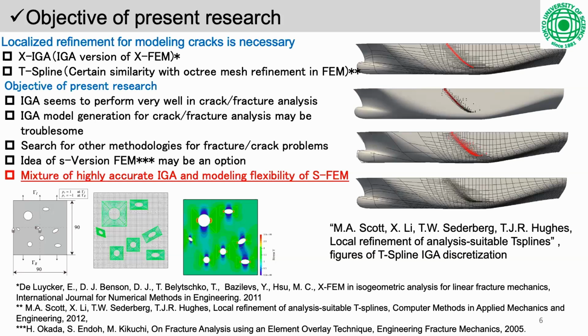You have a problem in localized refinement of the model, so typically what is called XIGA, which makes use of enrichment functions to introduce the crack, or T-spline functions, which can localize the refinement. However, we think that there might be some room for us to develop some other technologies.